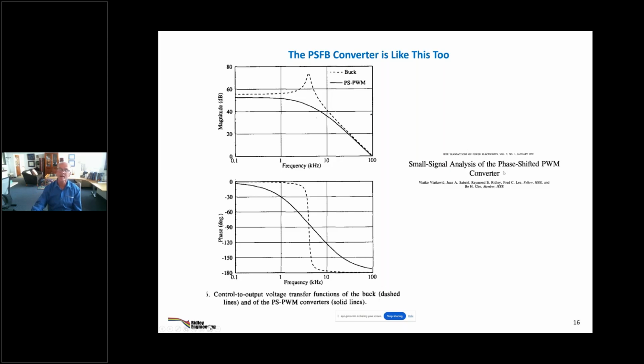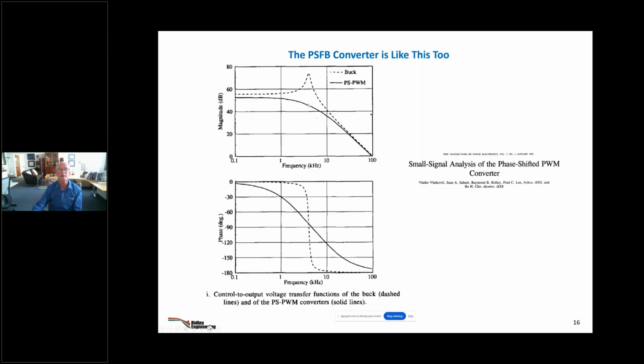And that primary leakage delays the turn on of the device. You've got to ramp up the current until it hits the load current, and then you're switching. So then you see the duty cycle. The bigger the current, the more it rubs away from the duty cycle. So in the phase-shifted bridge, there's an inherent current feedback, just a little bit, and that little bit of current feedback drastically damps the LC filter characteristic in the phase-shifted bridge.